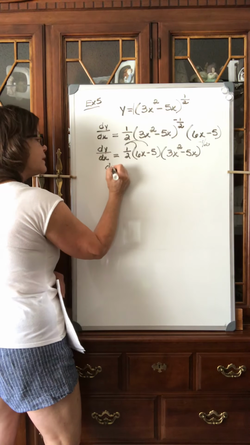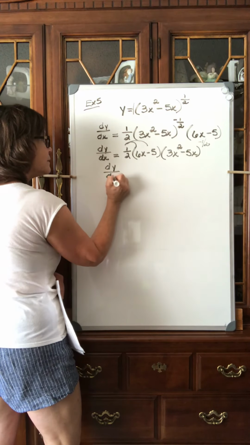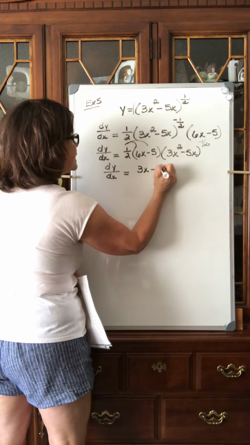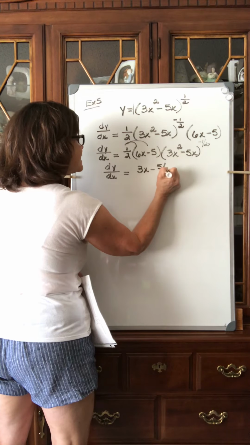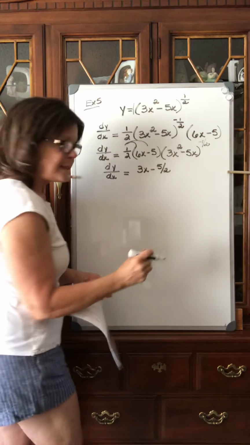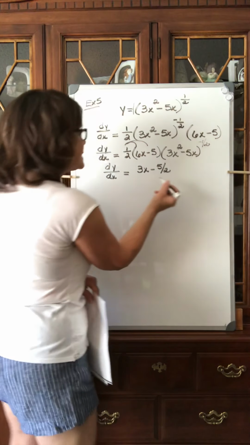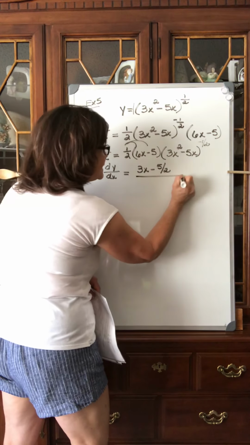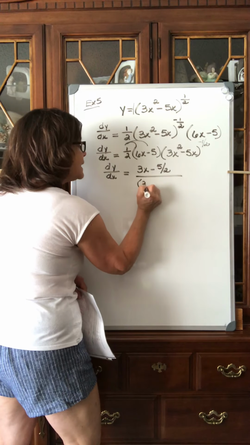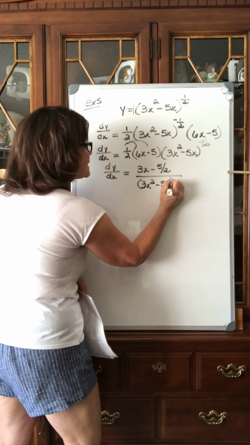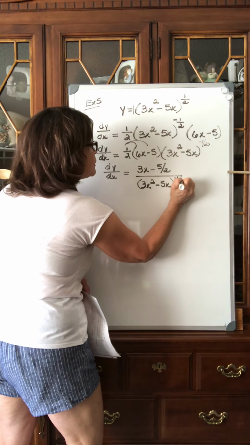So my first derivative, dy dx, is equal to 3x minus 5/2. And this piece of it, because it has a negative exponent, is going to end up in the denominator, 3x squared minus 5x, with a positive exponent.